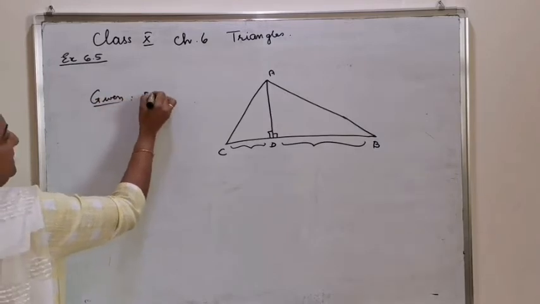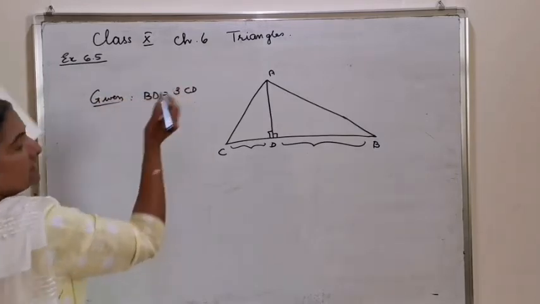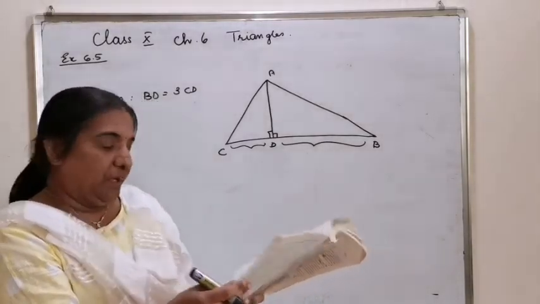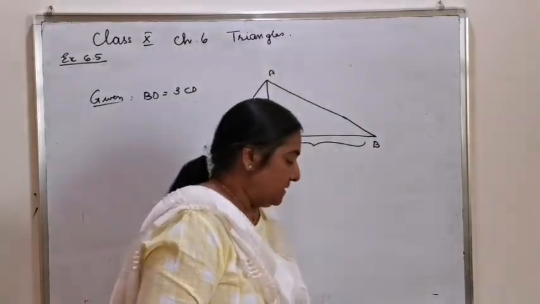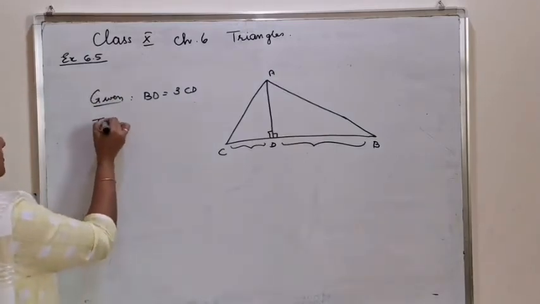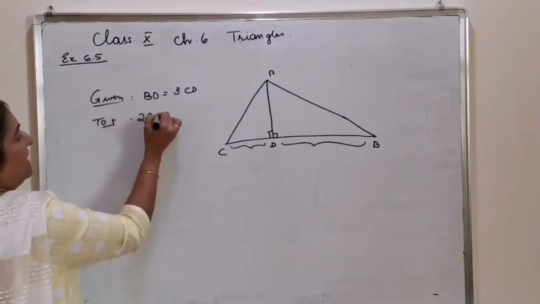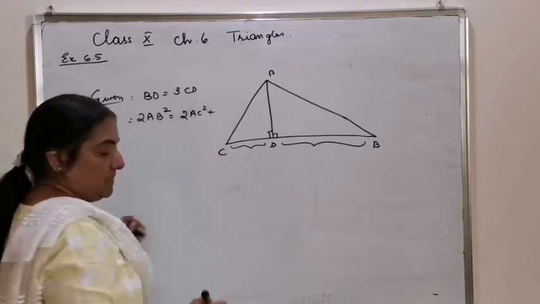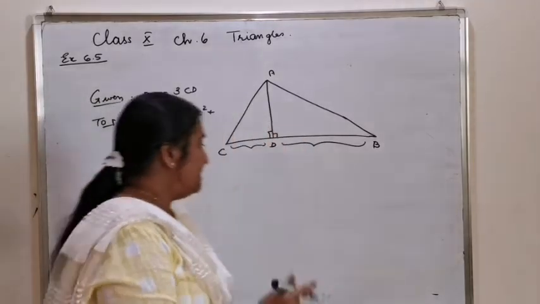Given that BD is 3 times CD. Prove that 2AB square is equal to 2AC square plus BC square.